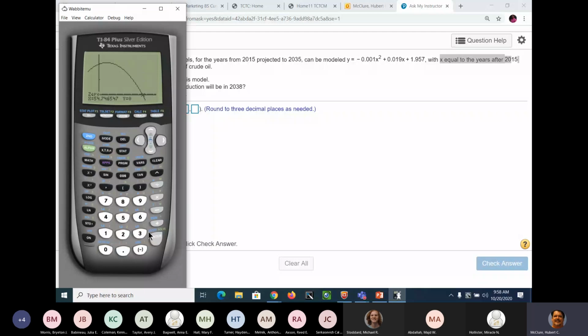And that X-intercept is 54.75, comma, 0. And of course, our Y-intercept is 0, comma, 1.957.